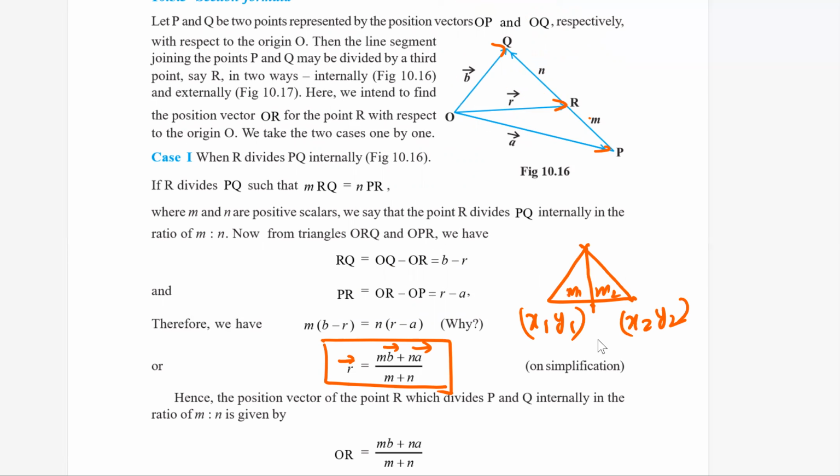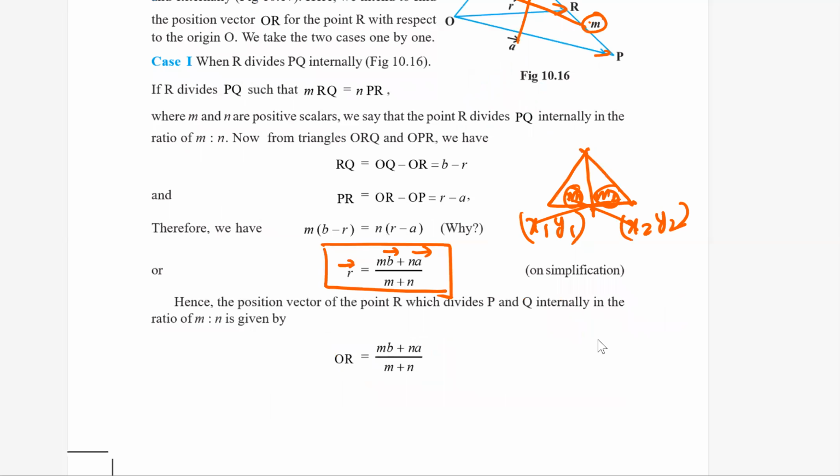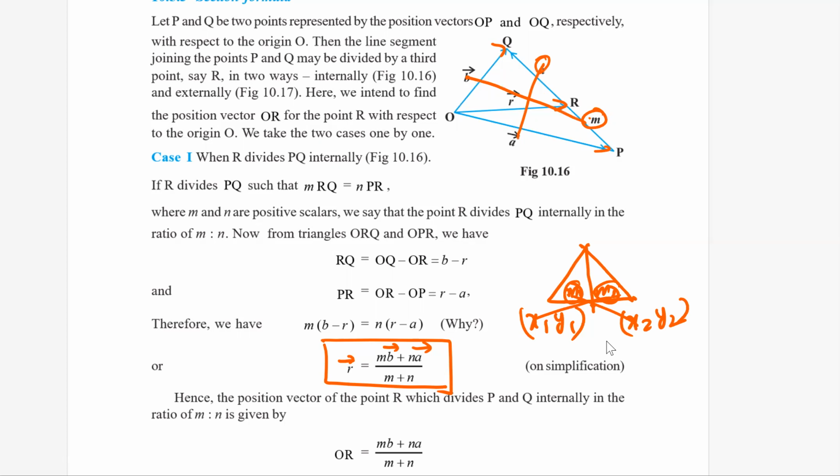Then it is m1 x2 plus m2 x1 upon m1 plus m2. So this thing is multiplied by this thing, and this by this, upon m1 plus m2. Similarly here also, m will be multiplied by b, n will be multiplied by a, upon m plus n. This is vector r.